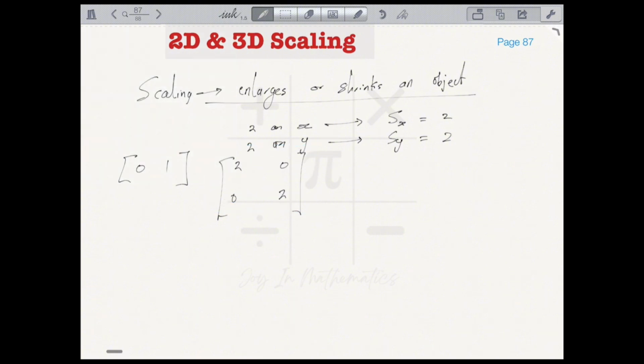such that if I multiply, this is a 1 by 2 matrix, and this also is a 2 by 2 matrix. It's possible, and the resultant will be a what? A 1 by 2 matrix. Now, if the resulting matrix is a 1 by 2, definitely you can just perform the operation. So we have this row multiplying by the column.